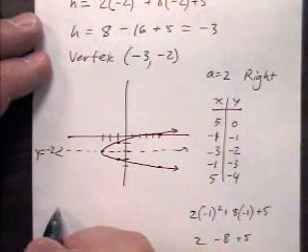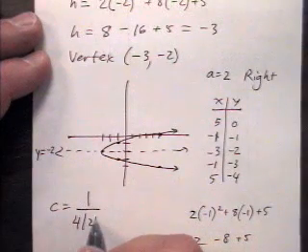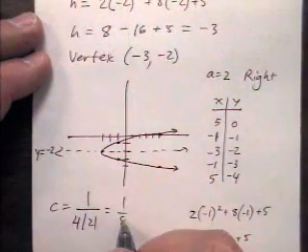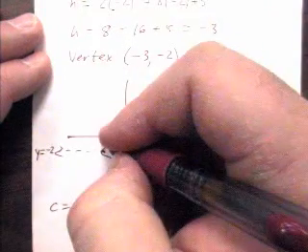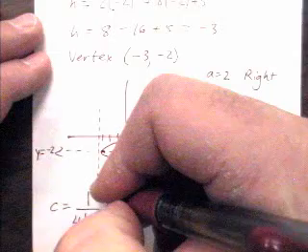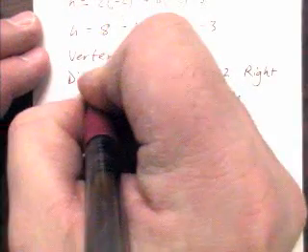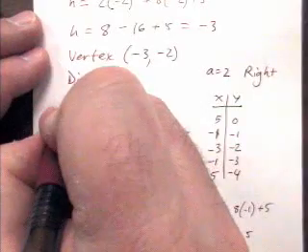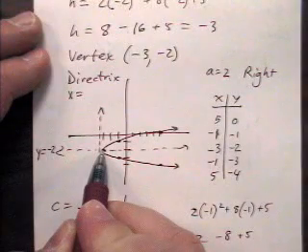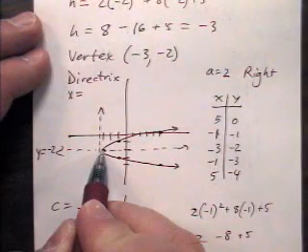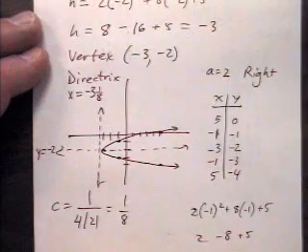The directrix and focus, let's see here. If the a value is 2, c equals 1 over 4 times the absolute value of a, which means it's 1/8. Very hard to draw a focus inside of 1/8 and a directrix outside. But that directrix would be x equals... All right, so if this is negative 3 and I want to go back 1/8, that's negative 3 and 1/8.